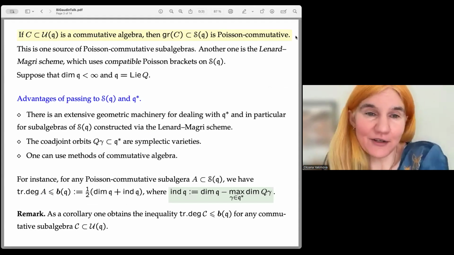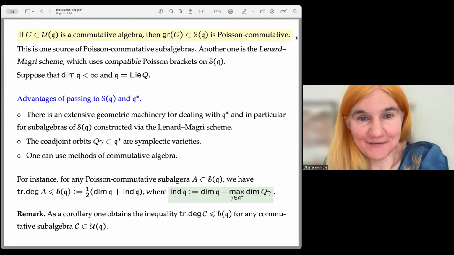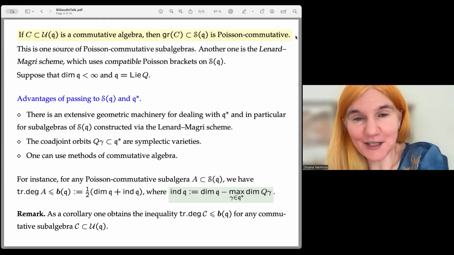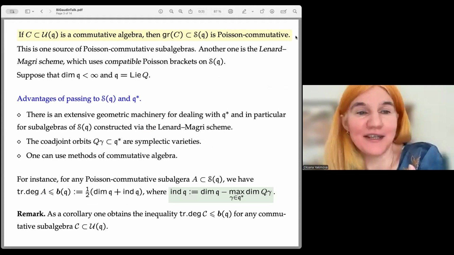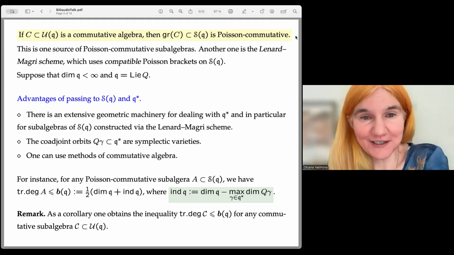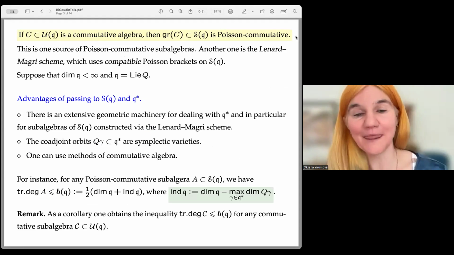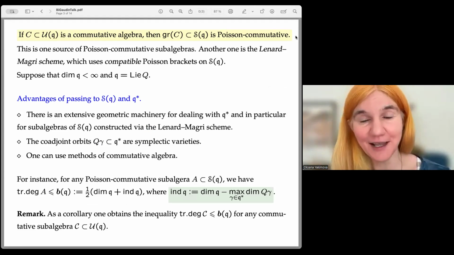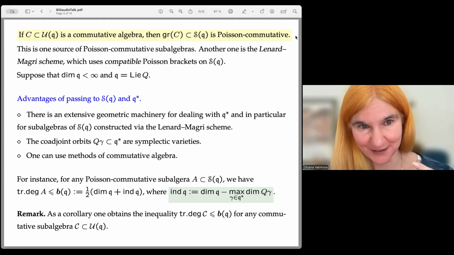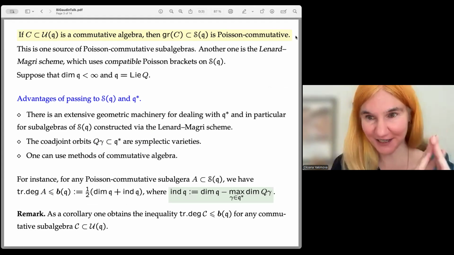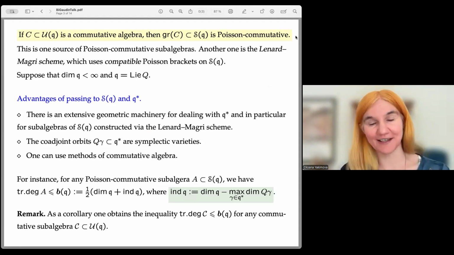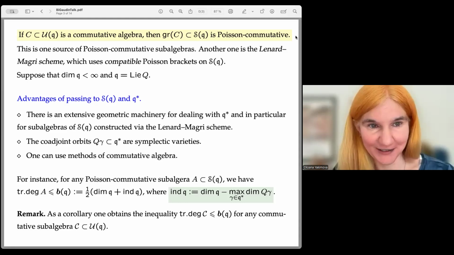This is one source of Poisson commutative subalgebras in the symmetric algebra. It may look a bit ridiculous because we're starting from a difficult object and looking there for something commutative, which may be difficult. But we will see later that some of these objects do appear in this way. So sometimes it's actually easier to work with the enveloping algebra than with the symmetric algebra.